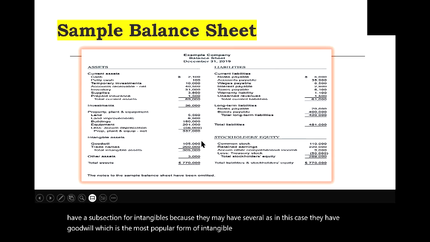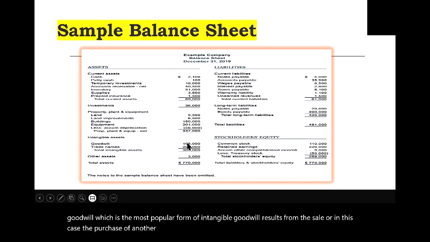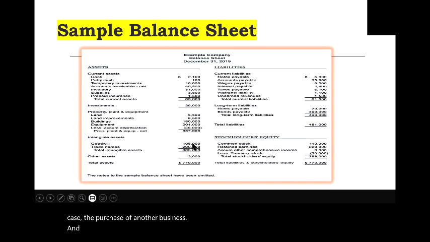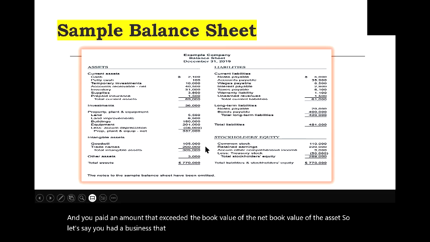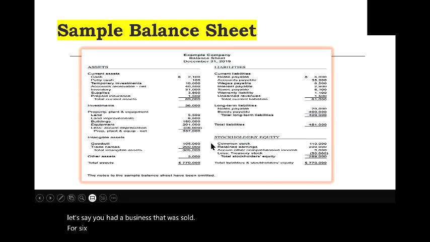Goodwill results from the sale, or in this case, the purchase of another business, and you paid an amount that exceeded the net book value of the asset. So let's say you had a business that was sold for $600,000, but the net value of the assets was $500,000.